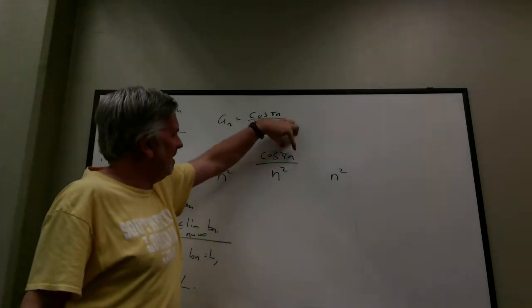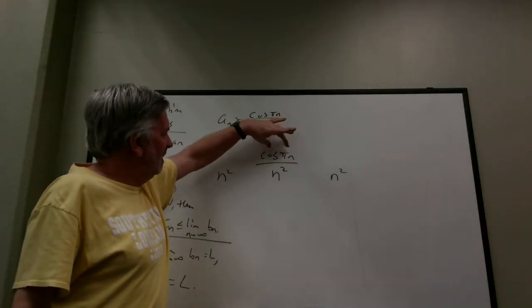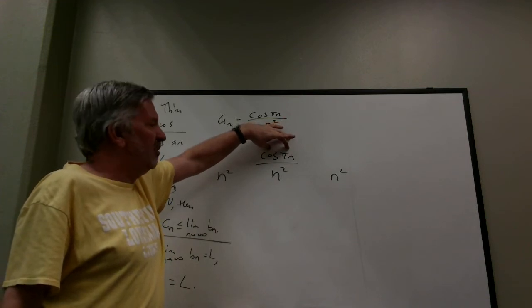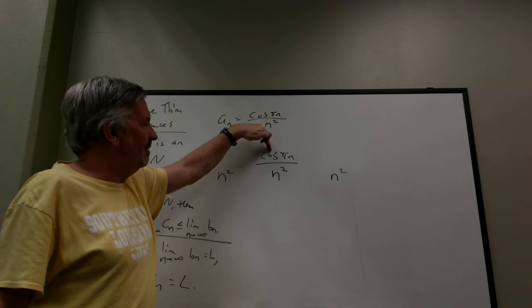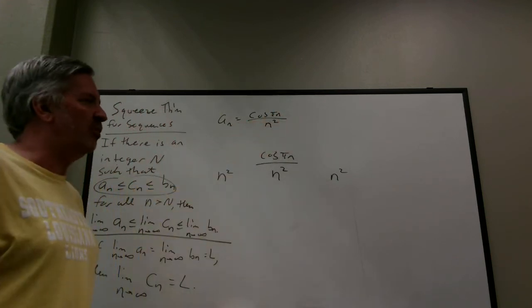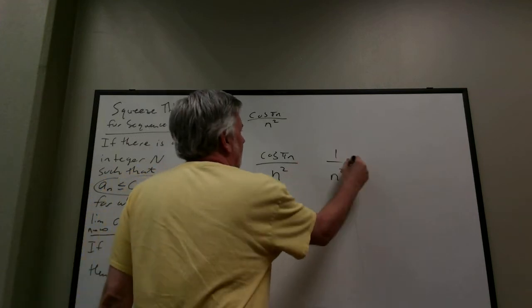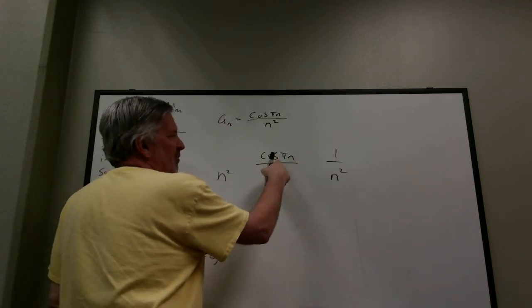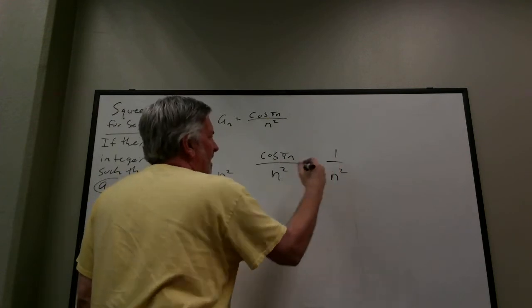If I take cosine of anything, isn't the biggest it's going to be 1? Remember, the largest value of the range of cosine of an angle is 1. So I left the denominator alone, and cosine is no more than 1, so that's a true statement.